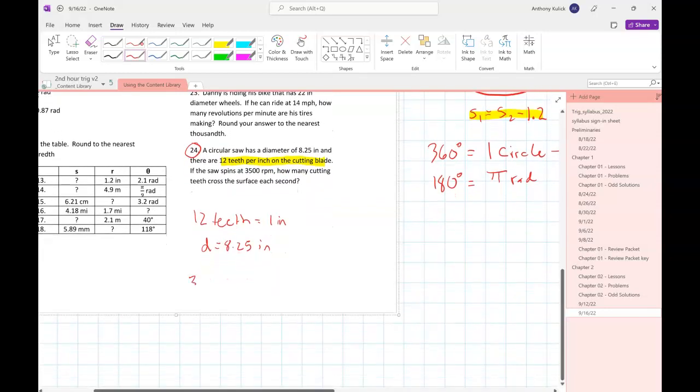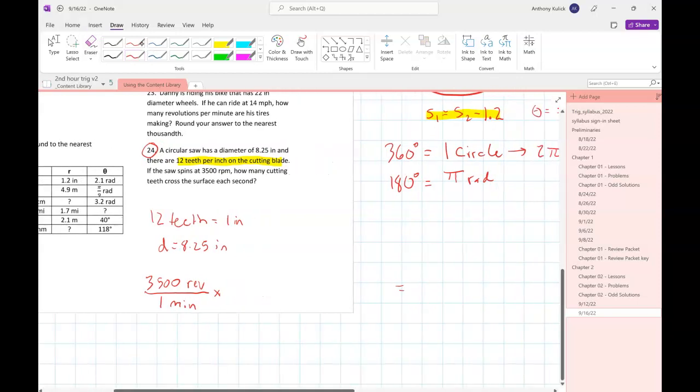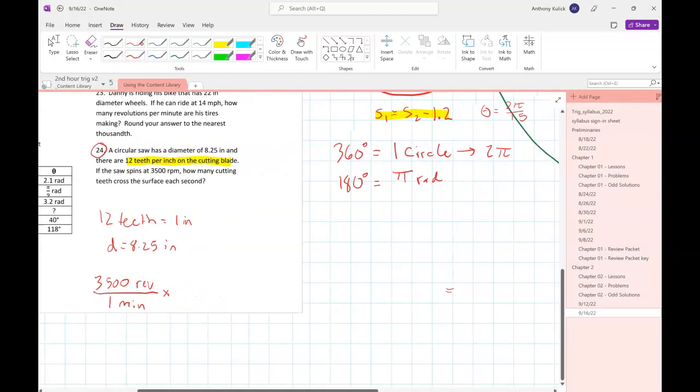And I want to convert 3,500 revolutions per minute into teeth per second. Everybody okay with that explanation, or that setup anyways?